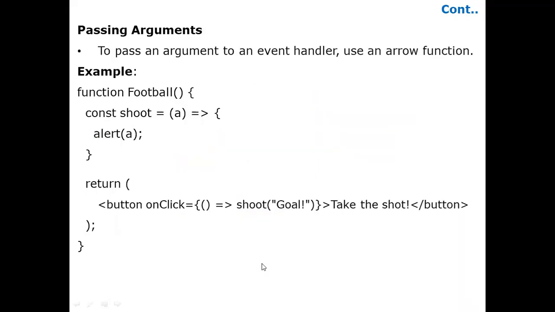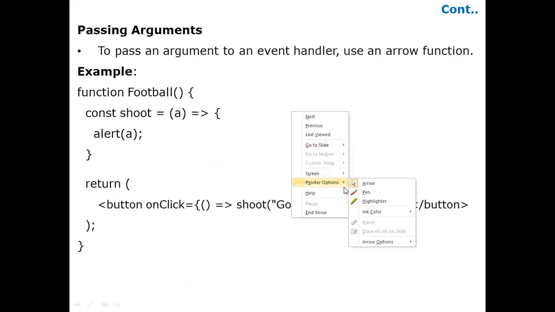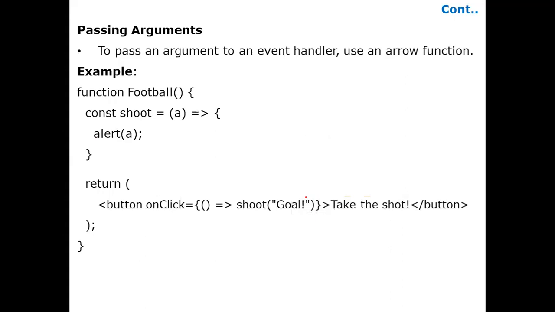Now how do we pass arguments to the event we are creating? Similar to how we pass parameters to a function in HTML, here also onClick is an event. In the curly braces, we call that function with the help of parenthesis and an arrow operator, and this is the name of the event handler.